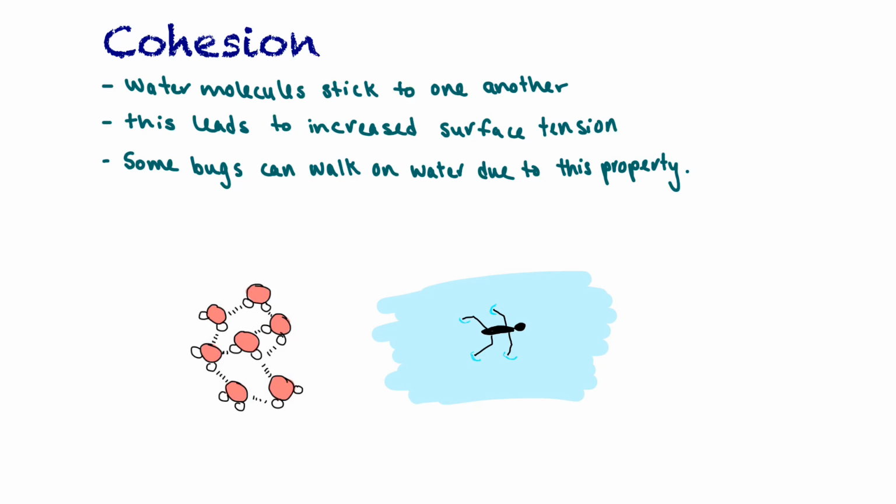And if you've ever accidentally done a belly flop, you know how hard water can feel when you can't break the surface tension easily. And some bugs can actually walk on water due to this property. So they can distribute their weight in such a way that they are not breaking that surface tension. And instead, they bend the water, but they don't actually go under the water.